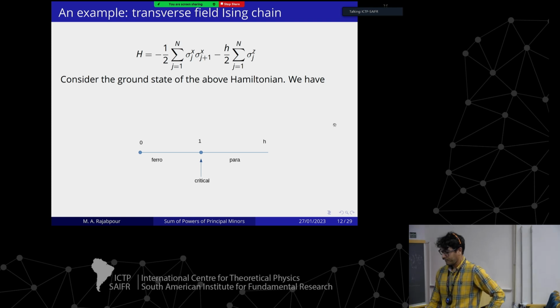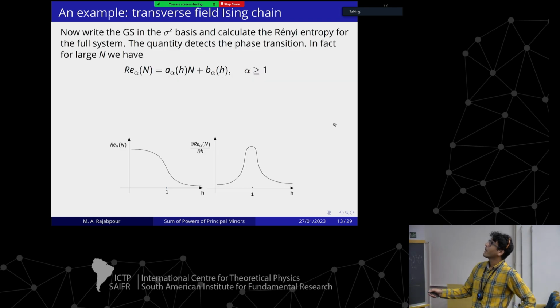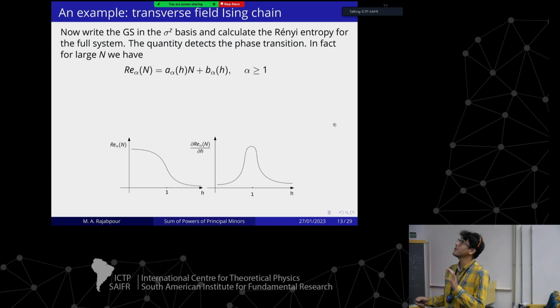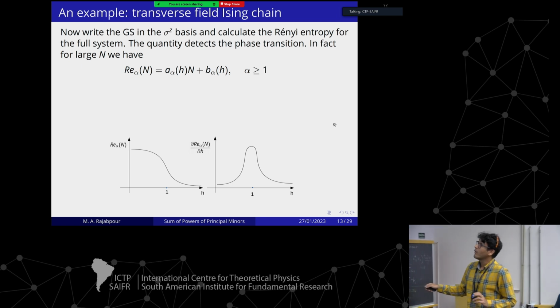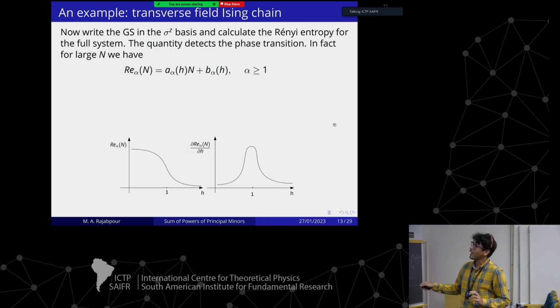If you look, for example, at a quantity like the Rényi entropy that I told you about, now I need to fix the basis. Here I'm talking about the sigma z basis, but you can do the same thing with the sigma x basis. What you will see is something like this: the Rényi entropy will have some singularity. The derivative will show some singularity around 1.